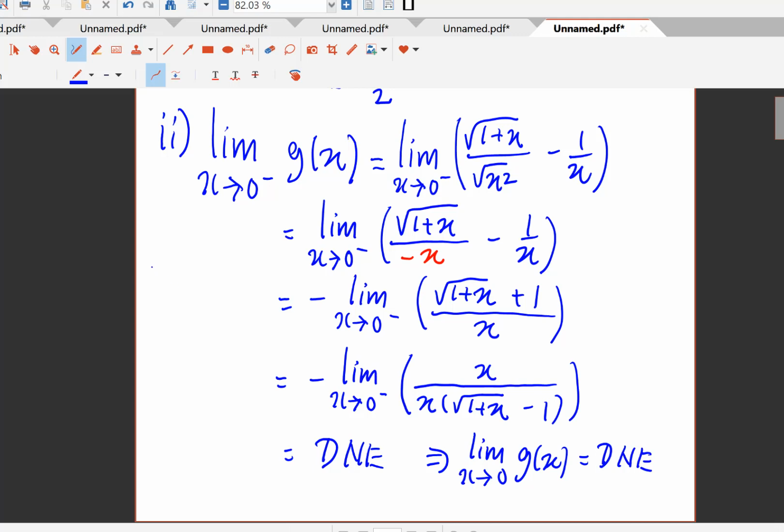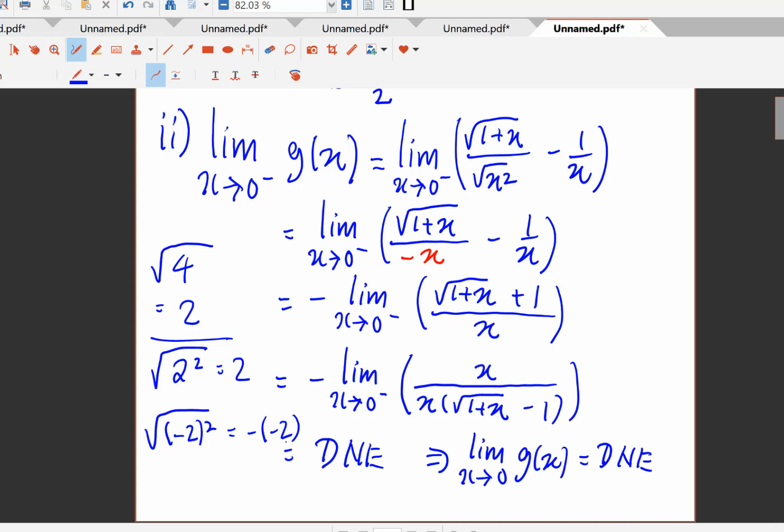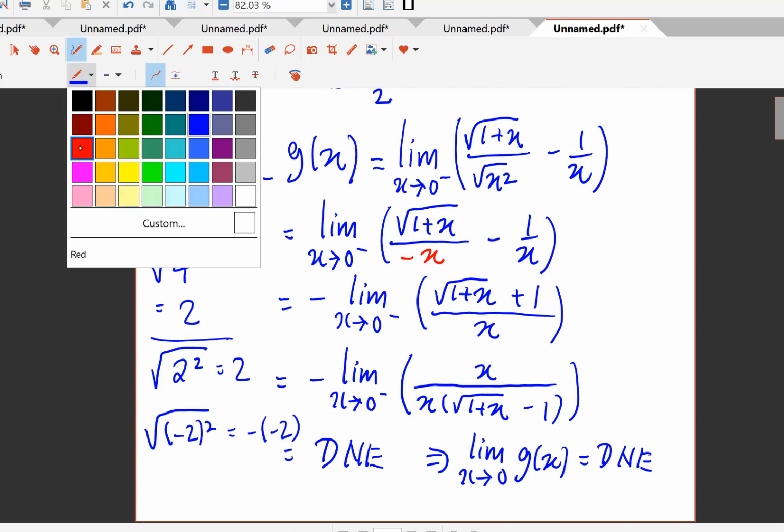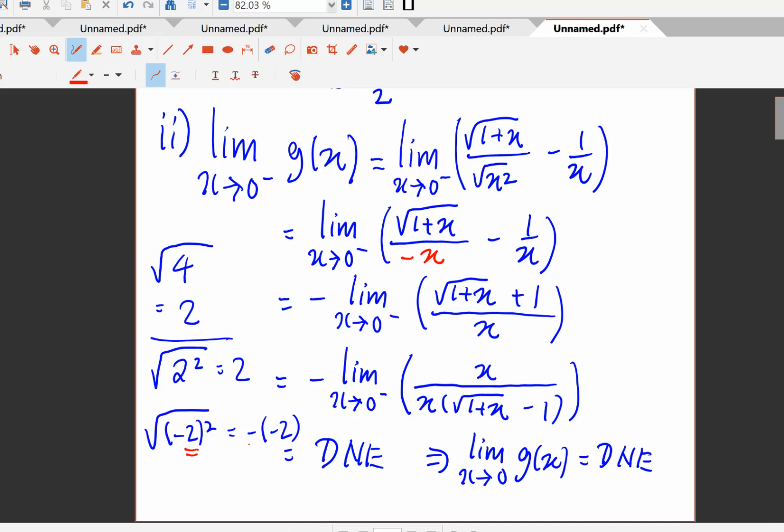Okay, for example, how much is this? 2, right? If I ask you, then minus 2, then they become the same thing, if your x is negative. Can you see?